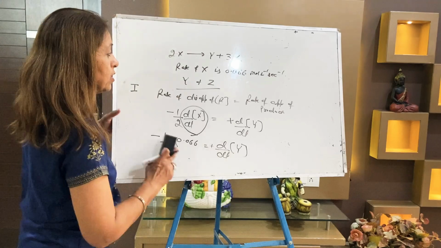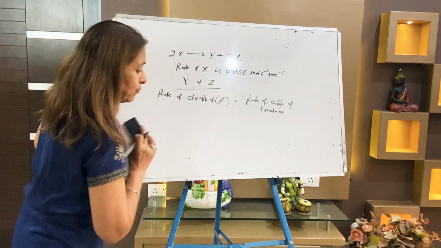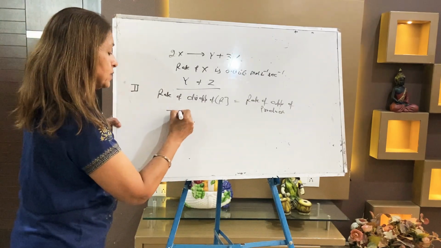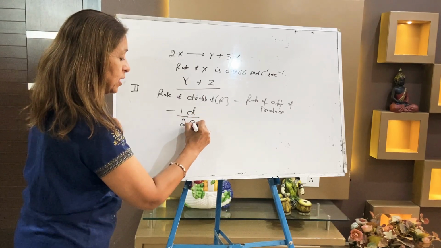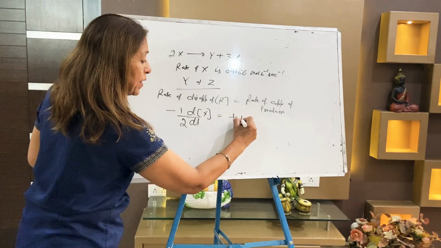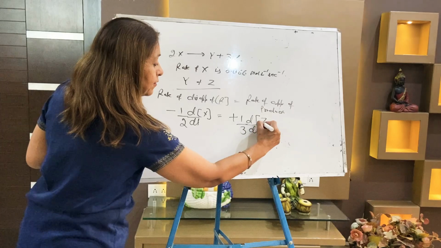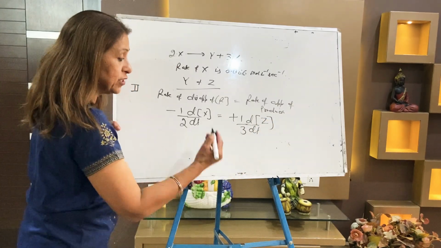Now I'm taking the z part. Write down again: minus 1 by 2 d by dt of x equals plus 1 by 3 d by dt of z, since the product is 3z. So you want to calculate the rate of production of z.